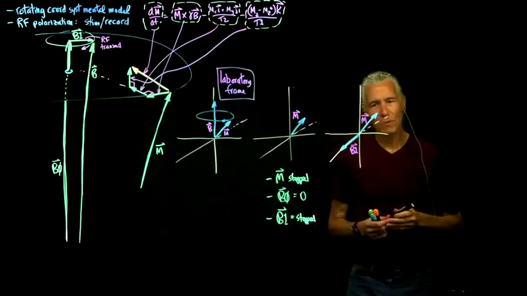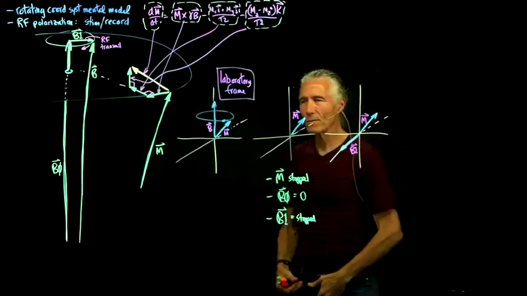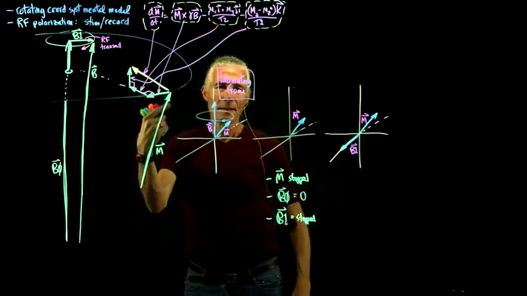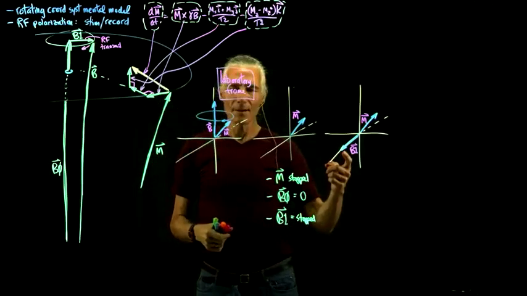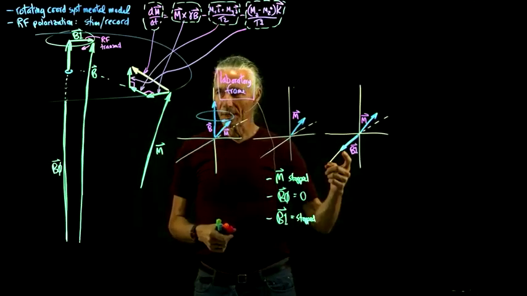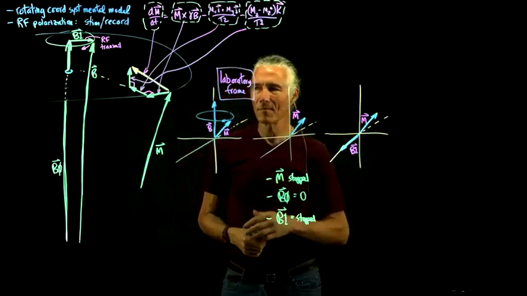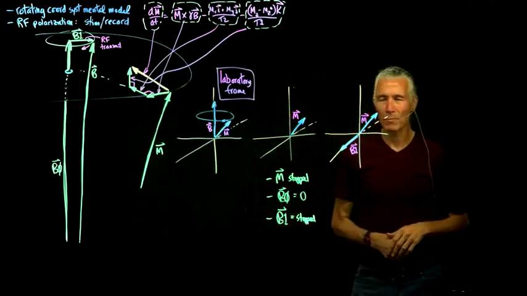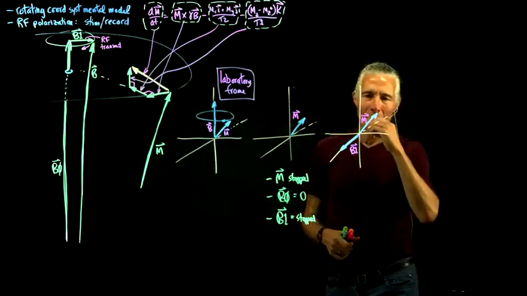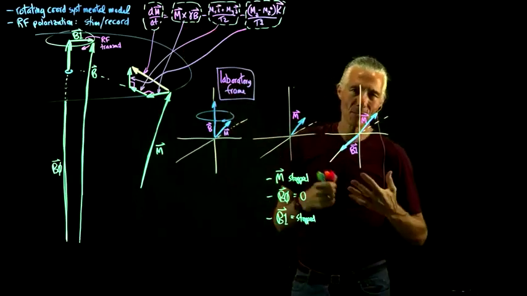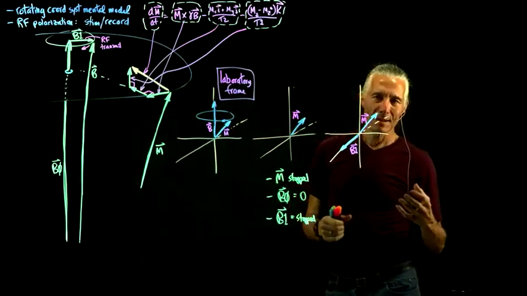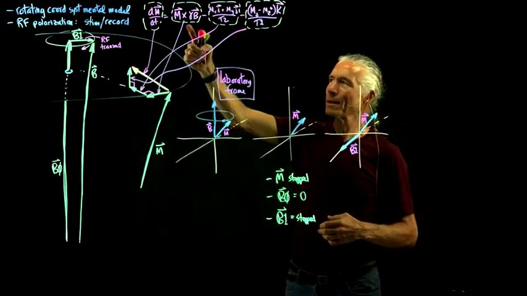Say we're stimulating at the same frequency as the M vector is rotating. So this guy won't be moving, and the M vector won't be moving. Now we can still apply M cross B. This is why it's a conceptual simplification.